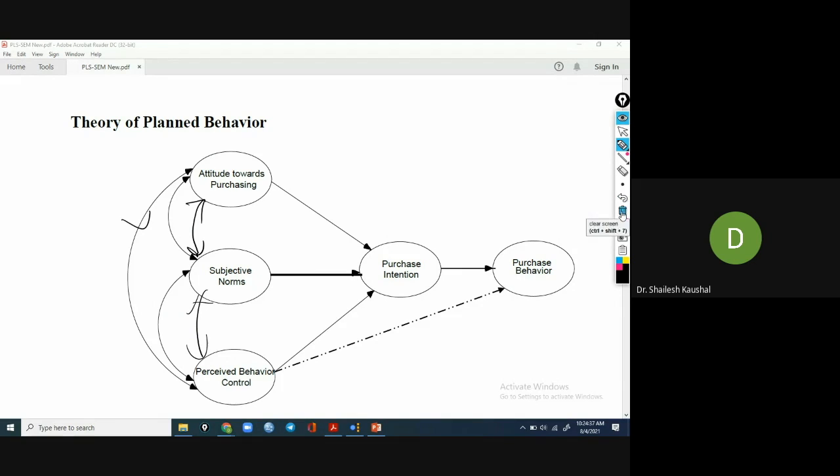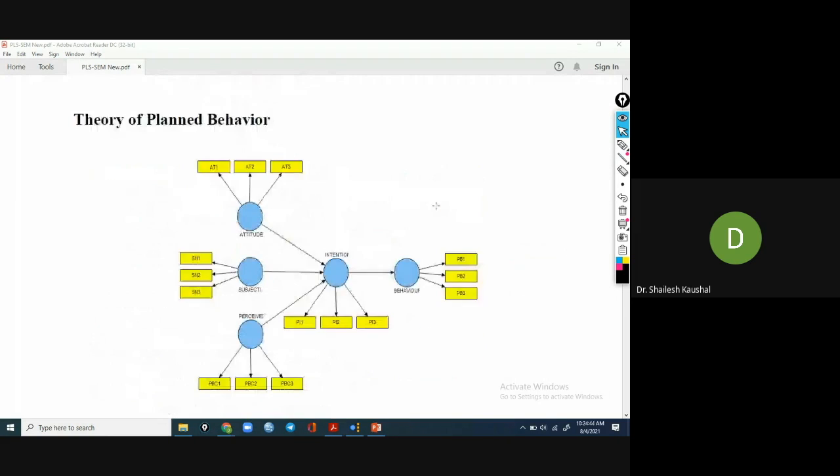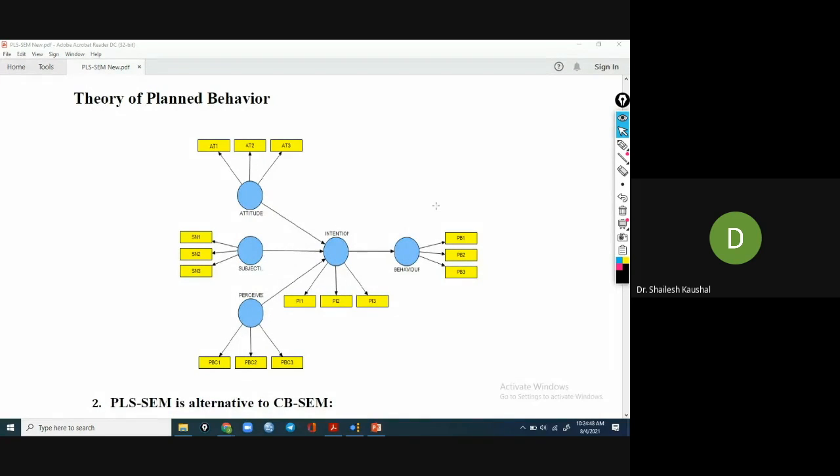But the same model when we apply in PLS SEM, then we do not take the covariance, because it is regression based. Basically, our results are based on regression. So it's an exogenous construct and it is an endogenous construct. So here we do not take these covariances in PLS. This is the biggest difference between CB, CB means covariance based.